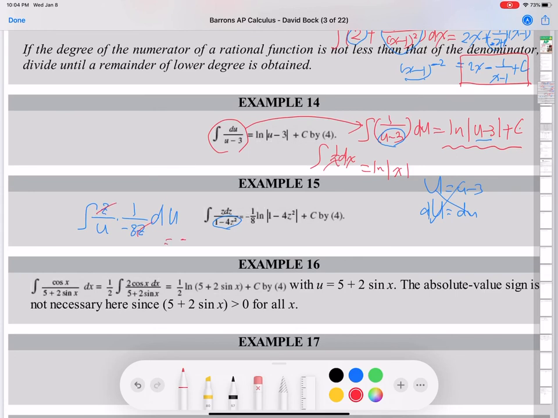So negative 1 over 8 integral 1 over u du. The integral of 1 over u du is ln absolute value of u. So the final answer is negative 1 over 8 ln absolute value of u plus c. What was the u part? 1 minus 4z squared. Then plus c. This is the final answer.